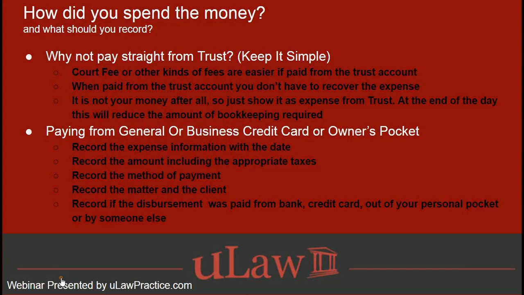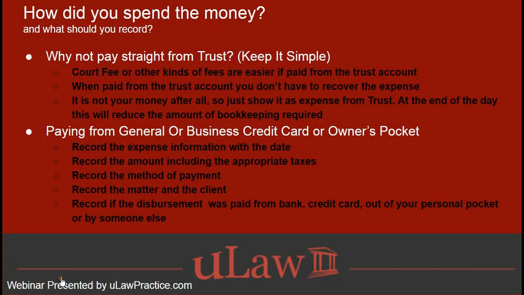And initially we spoke about when it comes to disbursements, a legal firm has two different ways that they can actually handle it. One is paying for these disbursements straight out of your trust account. And what that really means is by using the trust account, either accepting a retainer which includes the disbursement fees, you are actually mitigating the risk of not getting paid or not being able to recover that expense.